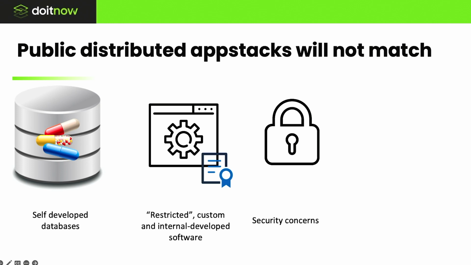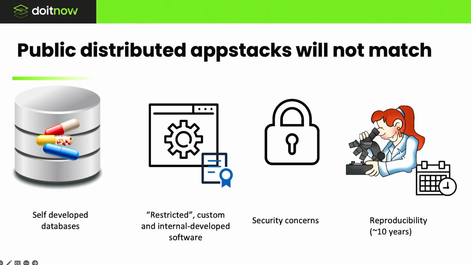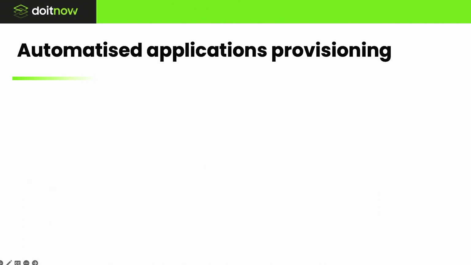They also have security concerns. They want to have total control of the Appstack that they are using because there are some security concerns about public software, and they want to ensure reproducibility, in this case at least for 10 years. So a public Appstack will not ensure this, will not fit these needs.